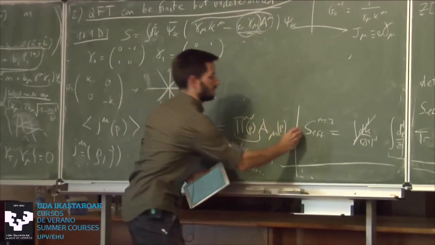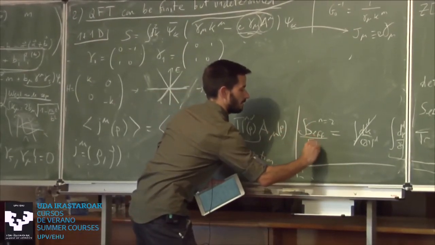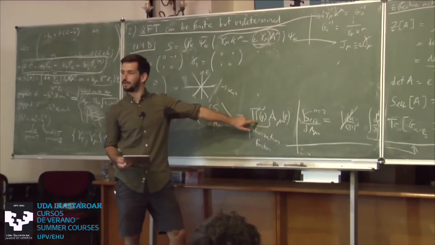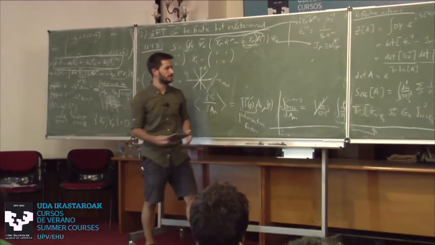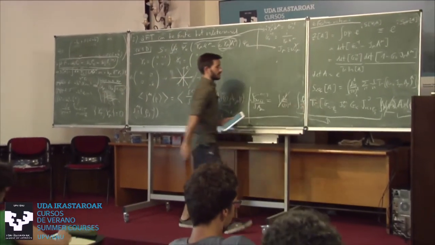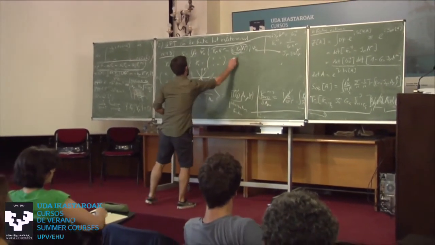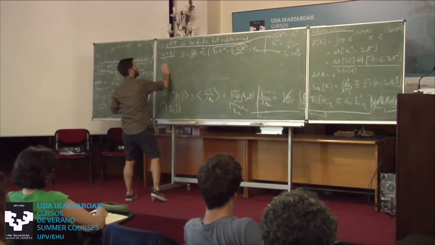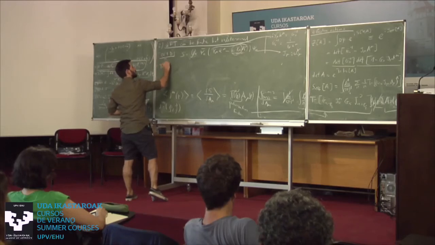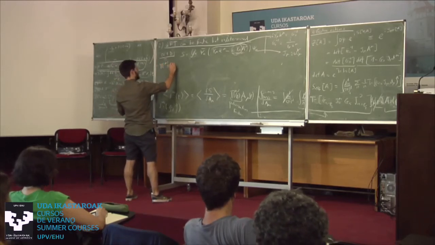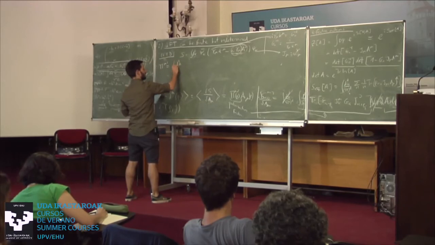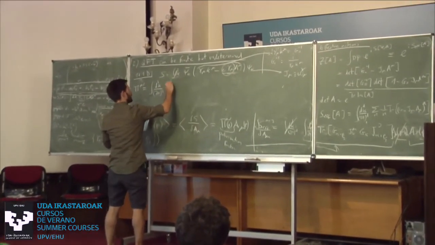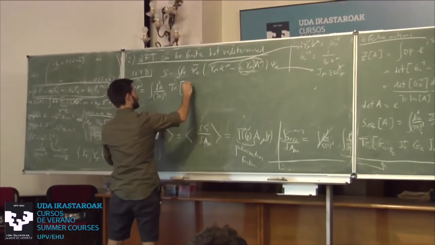So what I did is I calculated this object and derived a form for this guy. This object I'll be using a lot, the polarization function. But this is really standard perturbation theory actually.